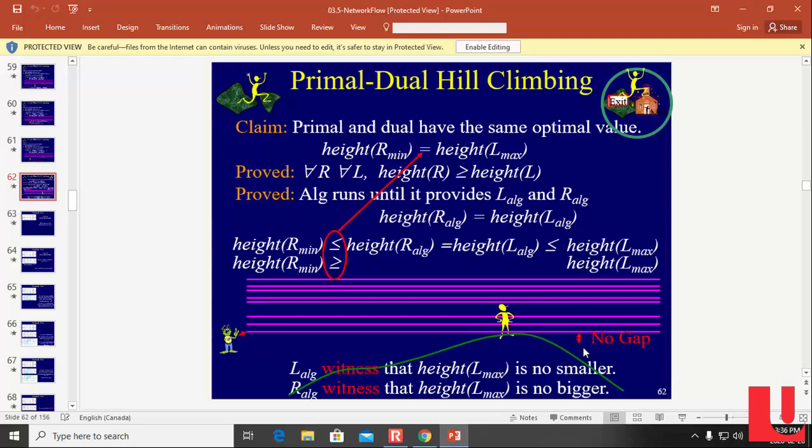Our location witnesses the fact that you can achieve this quality of location, and the roof witnesses the fact that no location could be higher. So the answer to your question, how do you know that the solution to my primal is optimal, is, well, I have a solution to the dual which matches it. And they're equal. And the dual witnesses the fact that my primal can't be better.